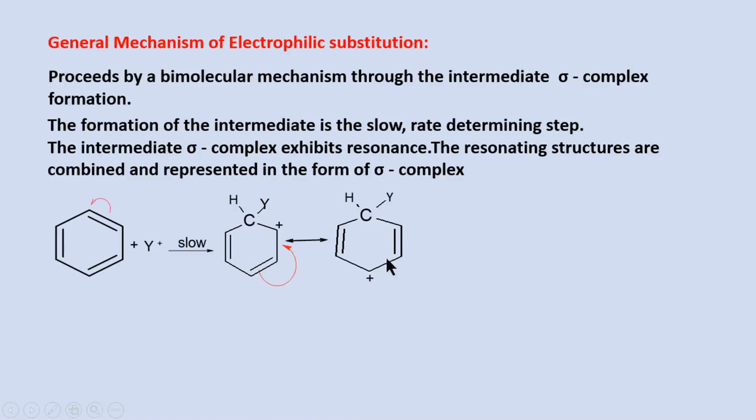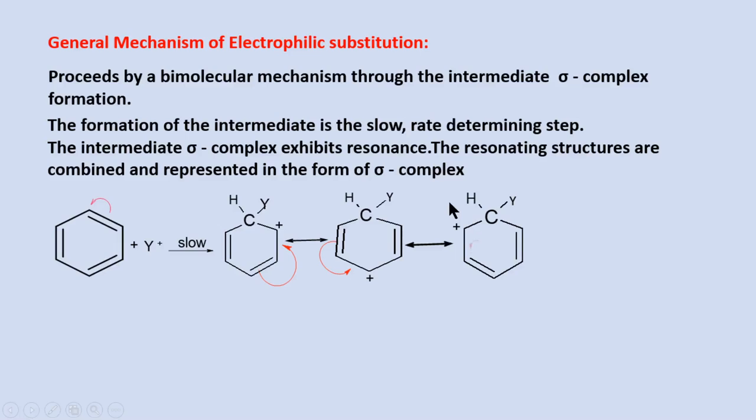So this is the structure that is formed between two resonating structures, which we have represented by a double-headed arrow. Since we have the possibility of shifting one more pi bond, when that is shifted here, the positive charge will go over here, so this will be represented like this.